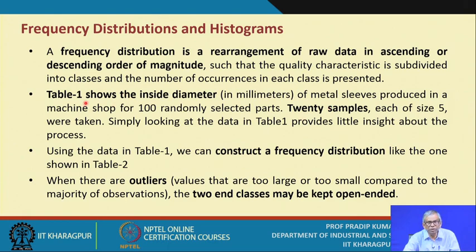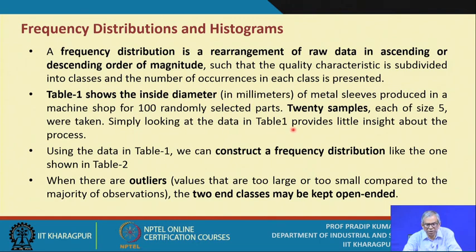Now I will show you a table, and this table shows the inside diameter, in millimeters, of metal slips produced in a machine shop for 100 randomly selected parts. So this is the problem. So 100 data points you have collected. 20 samples, each of size 5, were taken.